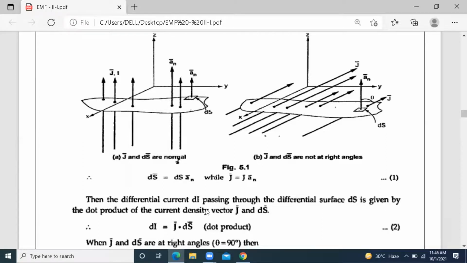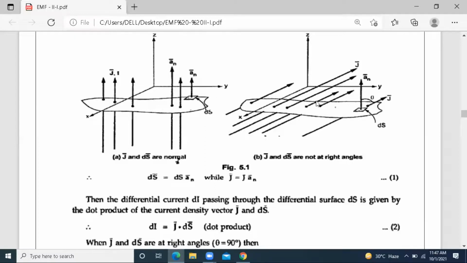So we're going to reach for vector calculus, vector algebra, because J dot ds, the differential current DI passing through the differential surface ds, is given by the dot product of the current density J and your direction vector, which is the A normal.